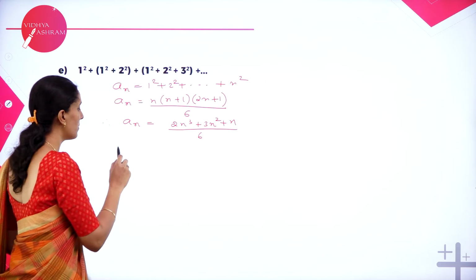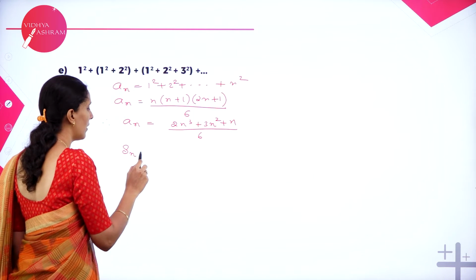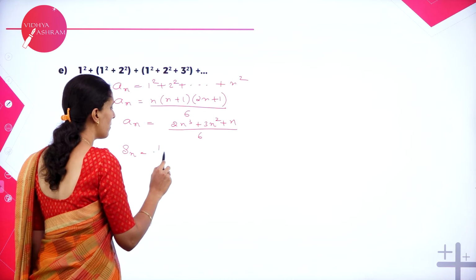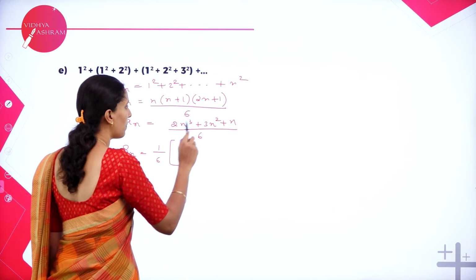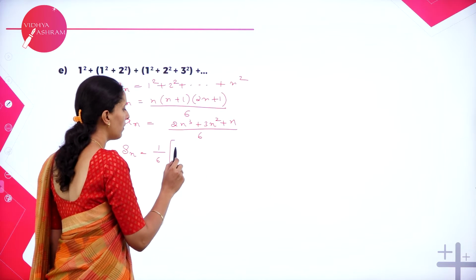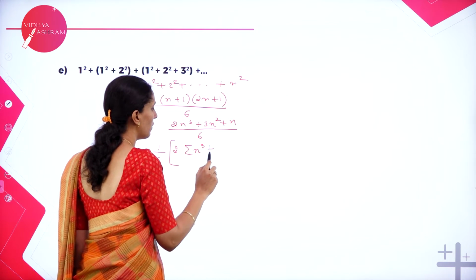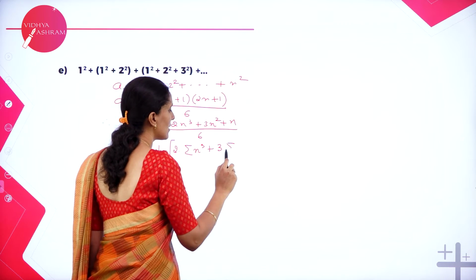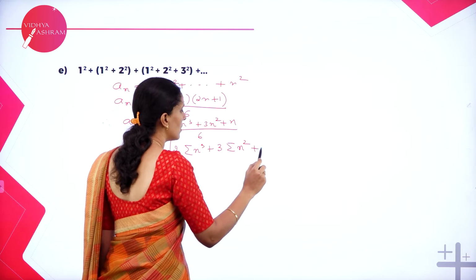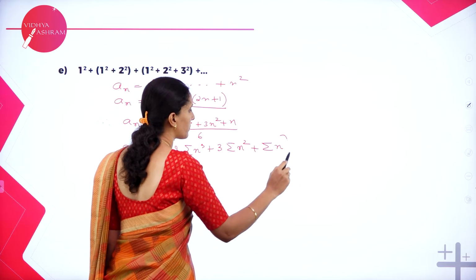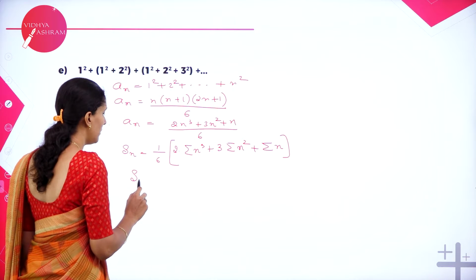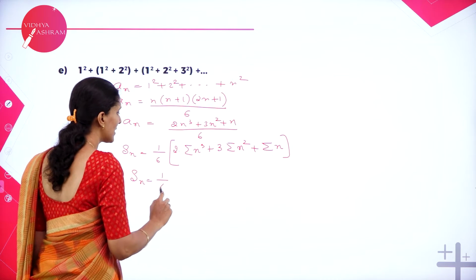Let us apply the summation on both sides. Summation of an term is nothing but Sn, and here we can take 1 by 6 outside. Let us apply the summation separately. We can take 2 outside, summation n cube. We can take 3 outside, summation n square, summation n. Now Sn is equal to 1 by 6.